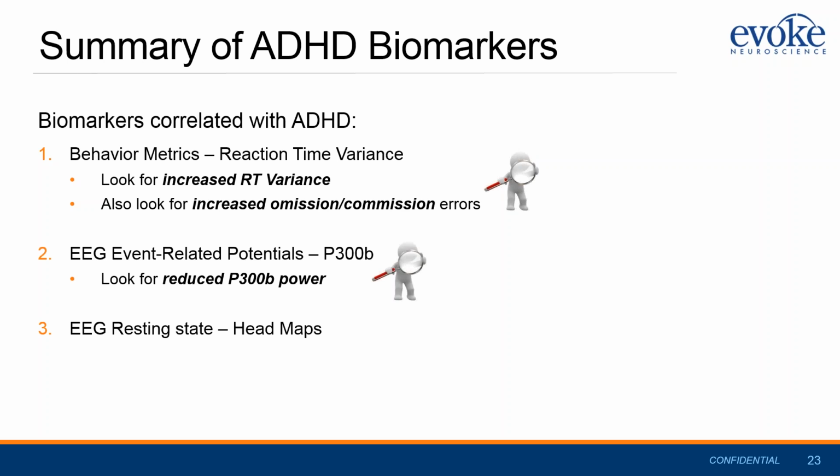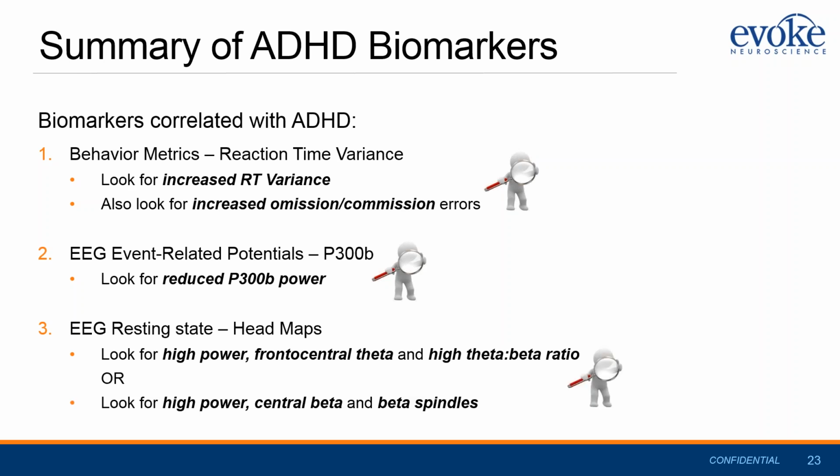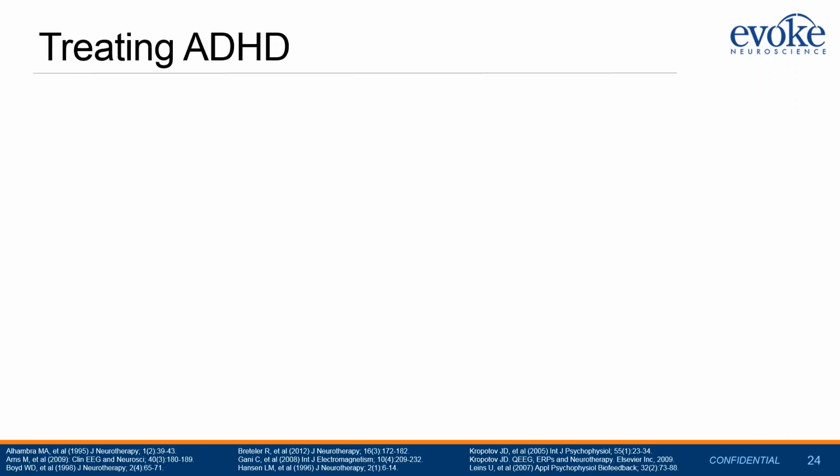And finally, when we look at our head map, you're looking for high power frontal-central theta together with the high theta-beta ratio, or you're looking for high power in central beta with the beta spindles. So those are two main profiles that you can see, and it helps you differentiate what patients are going to respond well to stimulants and what patients aren't.